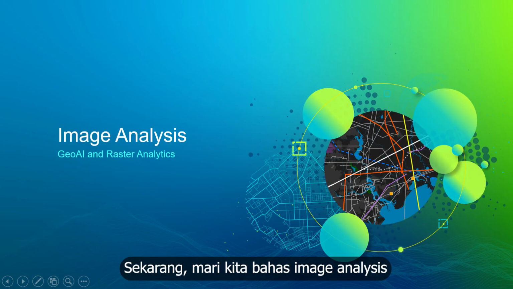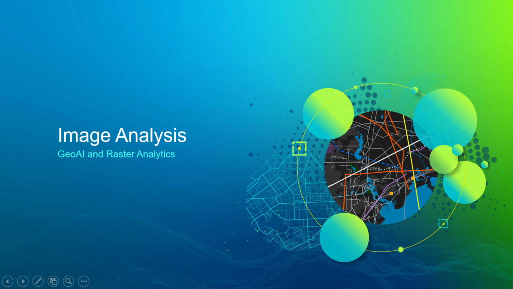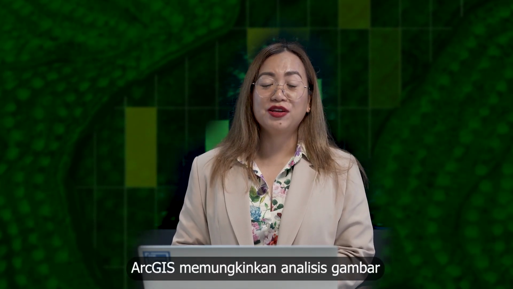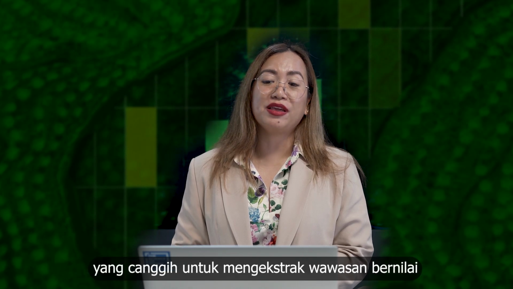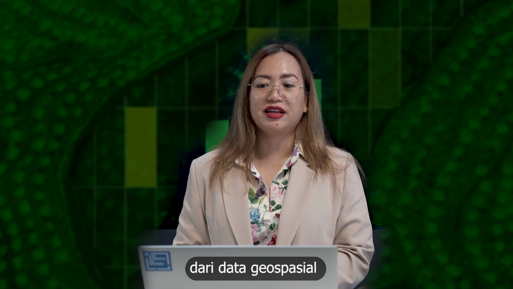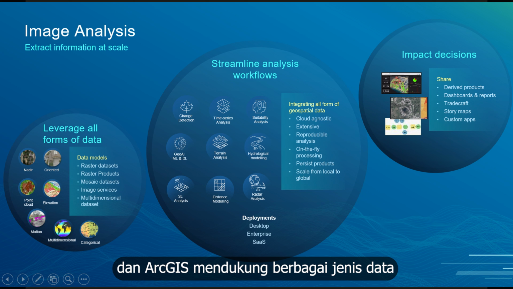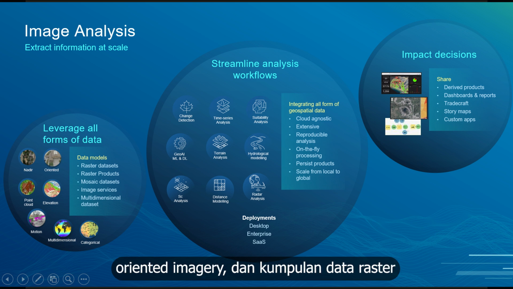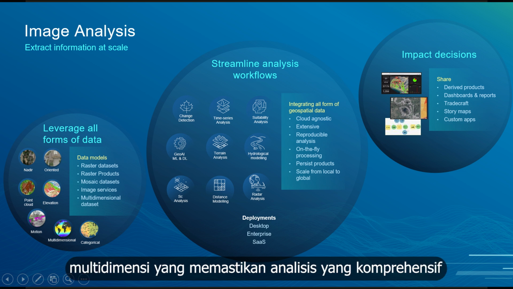Now let's talk about image analysis. ArcGIS enables powerful image analysis to extract valuable insights from geospatial data. And ArcGIS supports various data types like rasters, point clouds, elevation, oriented imagery, and multidimensional raster dataset, ensuring comprehensive analysis.